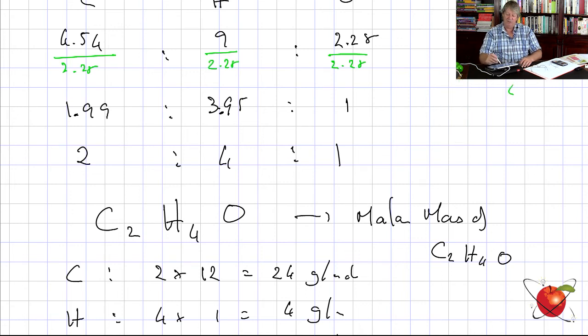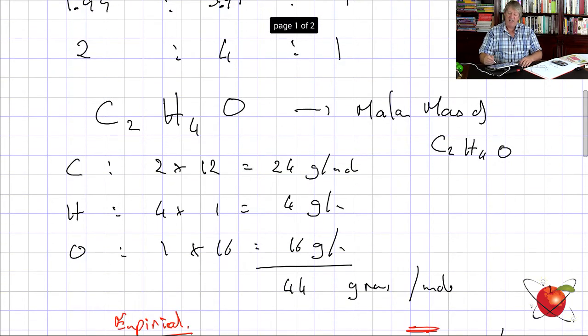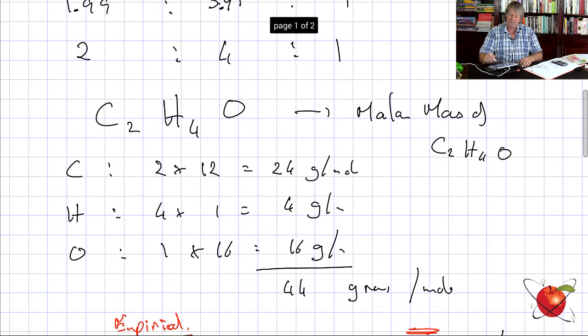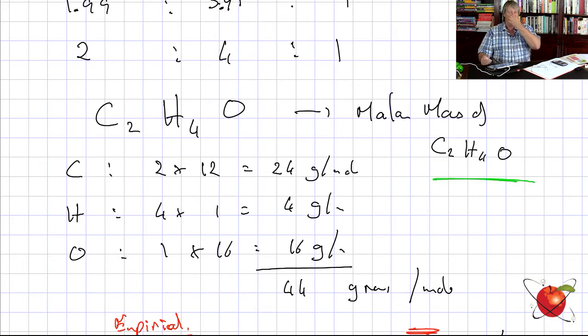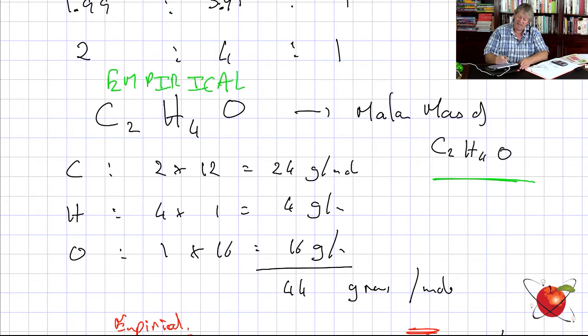Then, when we've done that, the next thing is we put that down and we calculate the molecular mass of it. All right? Because they've told us above, we've now got the empirical. This is our empirical. That's from the percentages.